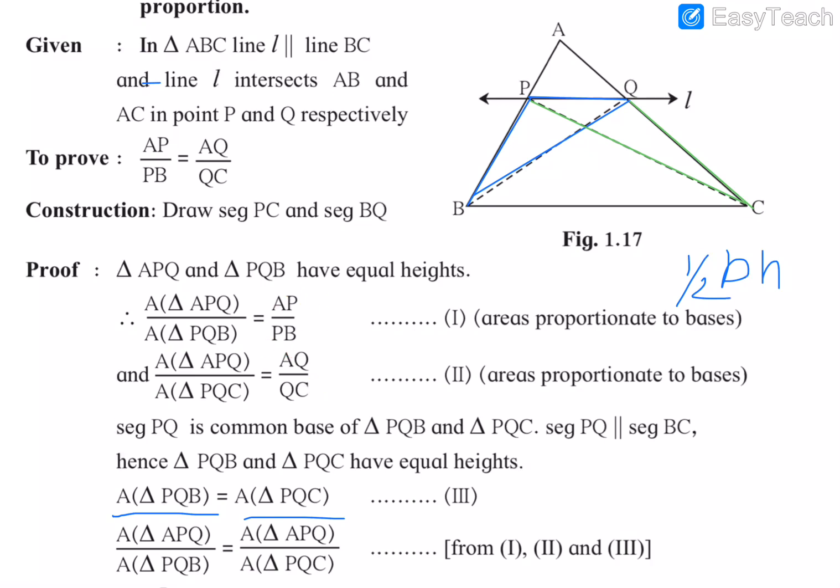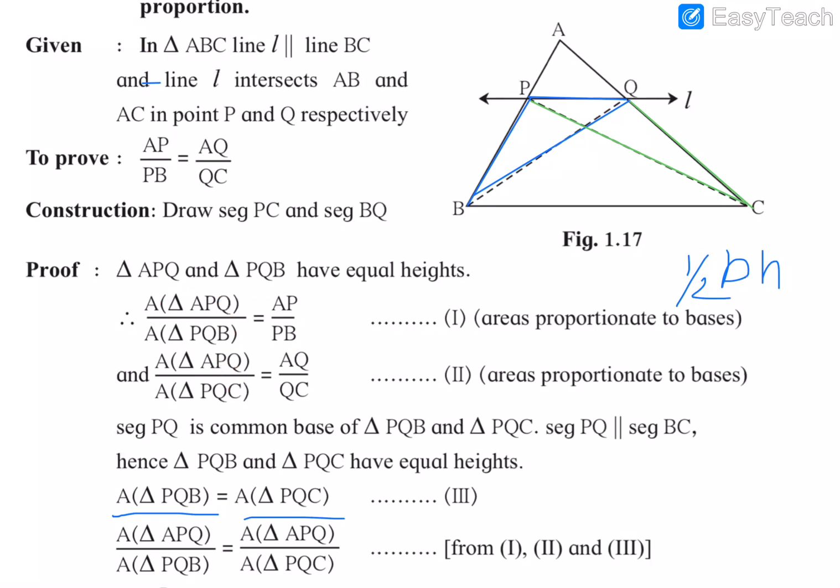So for proving these two are equal, we need to prove the LHS of these equations are equal. When this side is equal, then the RHS will also be equal. So for proving AP by PB is equal to AQ by QC, we only need to prove that these two are equal.